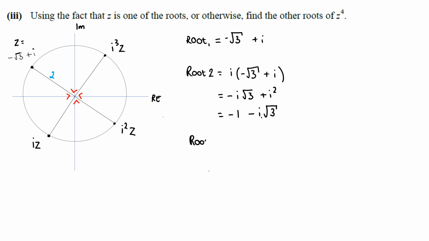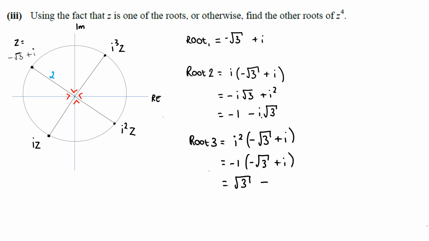Root 3 is going to be i squared times minus root 3 plus i, or you can simply multiply the last root by i, but this gives us minus 1 times minus root 3 plus i, which gives us root 3 minus i, which again makes sense.